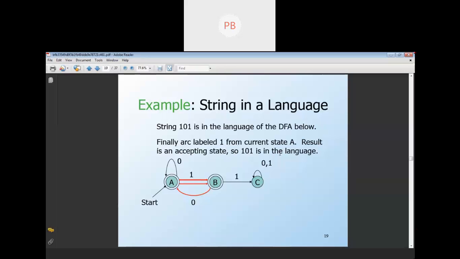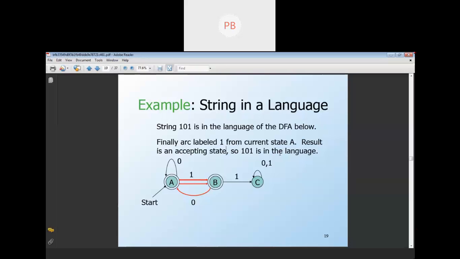So that means a language is defined. We are given a language, we are given a string, and we are given a DFA. Now you have to find out whether the string is in the language or not.